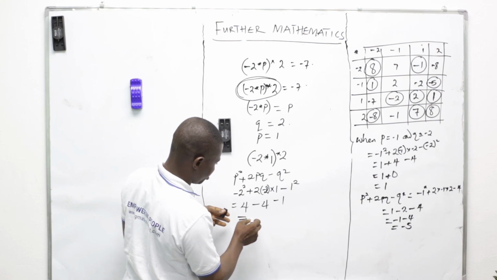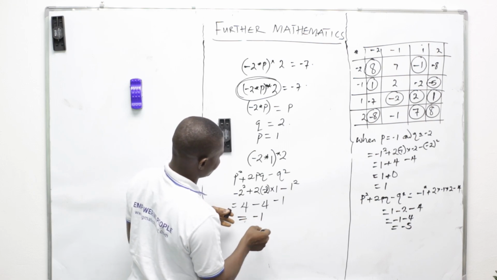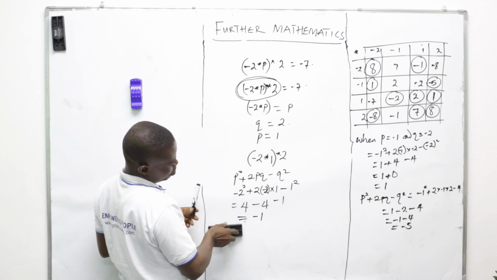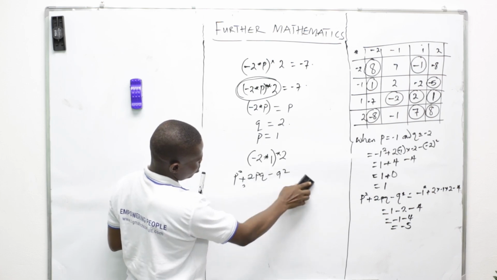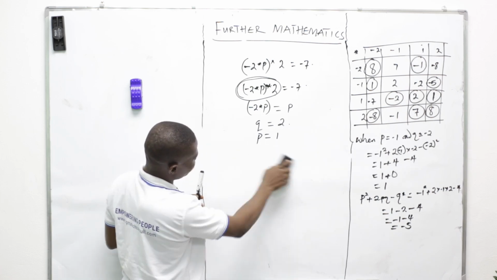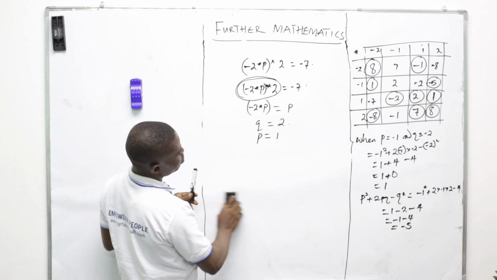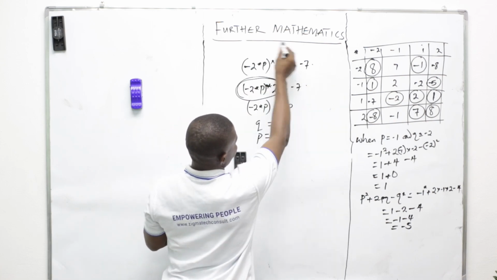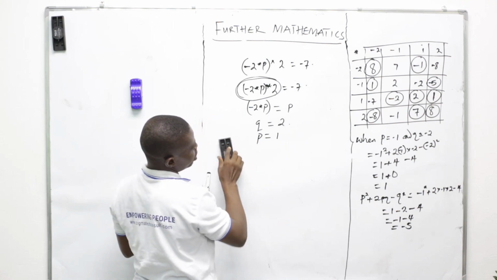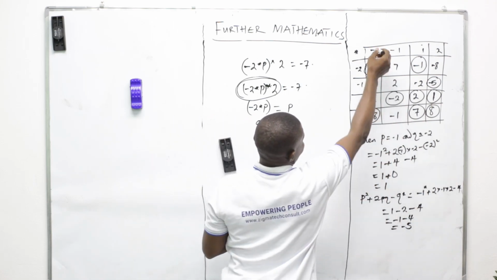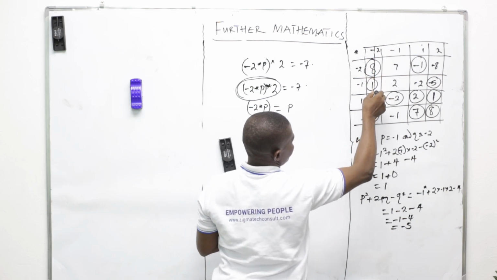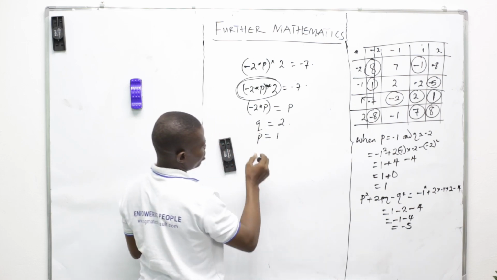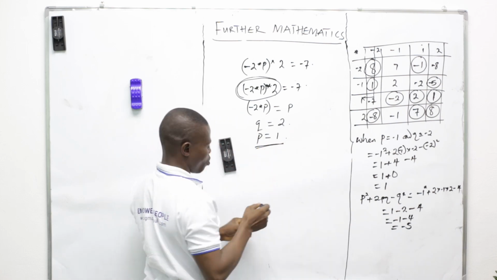So this will produce minus 1. When we substitute this here, we're getting minus 1. So the value of p for which this linear equation equals minus 7: tracing from here, this is minus 7, then go this way, plus 1. P is 1.